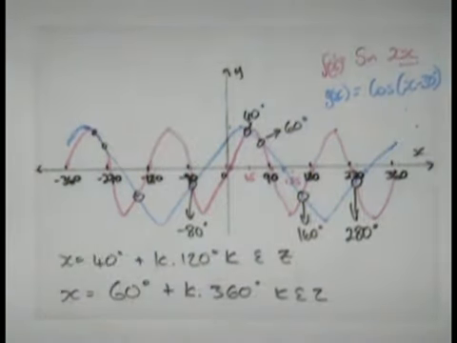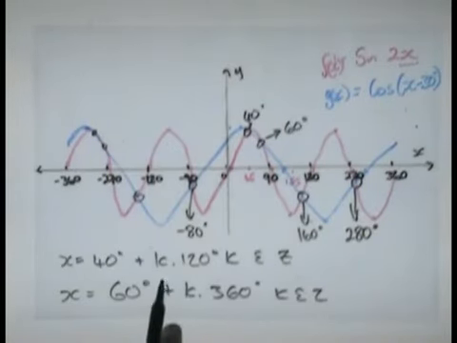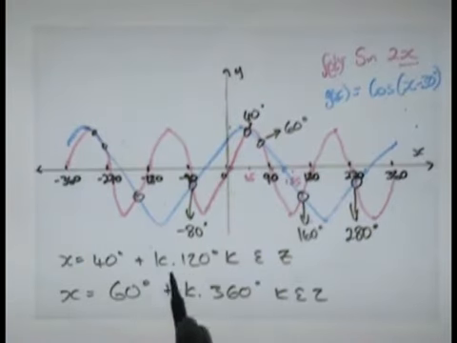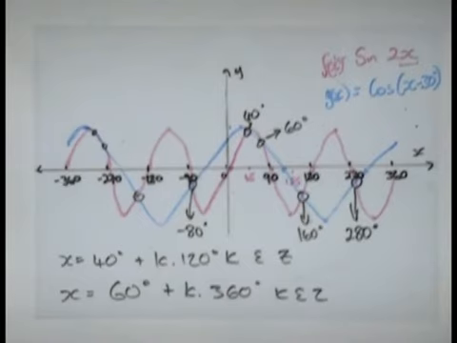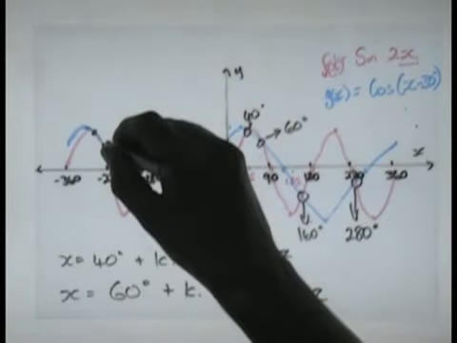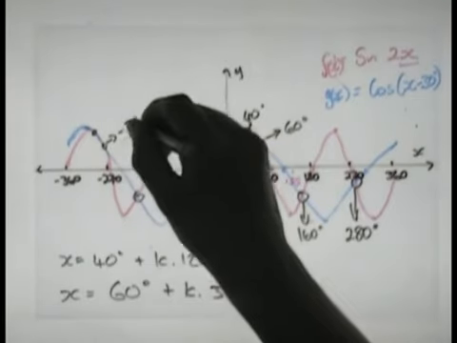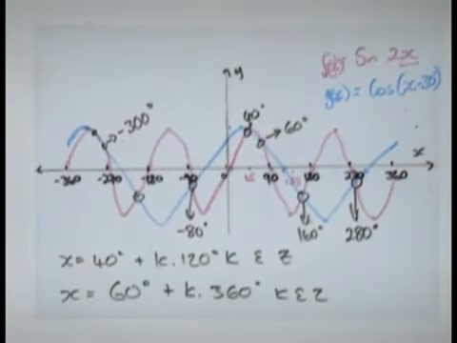The next k value we're going to use is negative 1. When k is equal to negative 1 over here, 40 minus 120, negative 80 degrees. When k is equal to negative 1 over here, that's going to be 60 degrees minus 360 degrees, which is going to be negative 300 degrees.